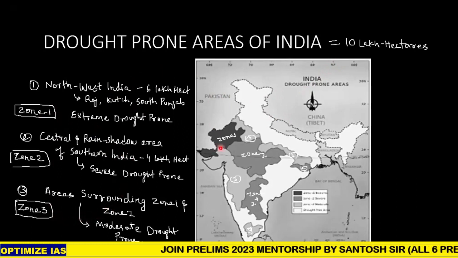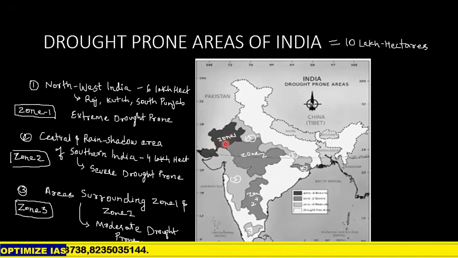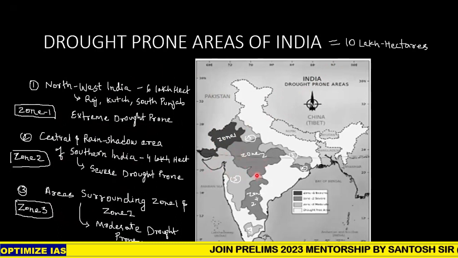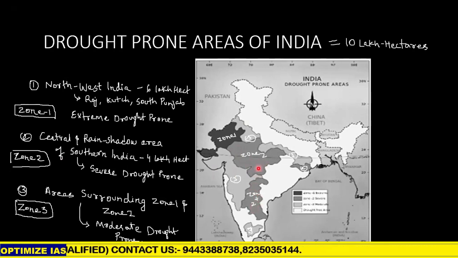Zone 1 is the extreme drought prone area, generally in north west India, around the Thar Desert, like Rajasthan, Kutch, the western part of the Aravallis, south Punjab, and Kutch of Gujarat, where extreme drought events take place. And zone 2 is the severe drought prone area, lying in both central and southern India because of a rain shadow effect or continental effect.